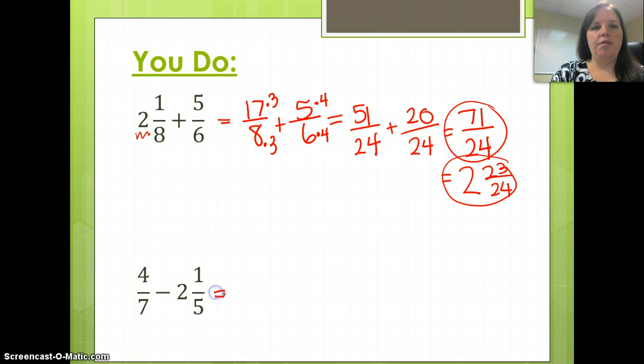The second one here, 4/7 and 2 1/5 becomes 11/5. So the common denominator here would be 35, so times 5 and times 7.